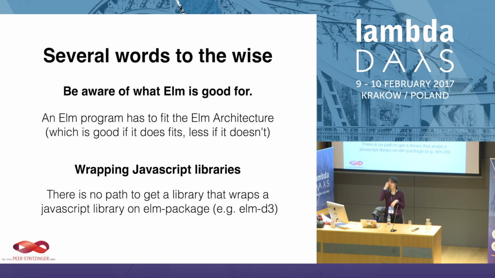Okay, the interoperability is called ports, and it's quite limited, because you can send data to Elm and send data back to JavaScript, but it has to be of a certain type that you declare. And so you have to have a different port for each of those that you want, which tends to be pretty long if you're wrapping a big thing.